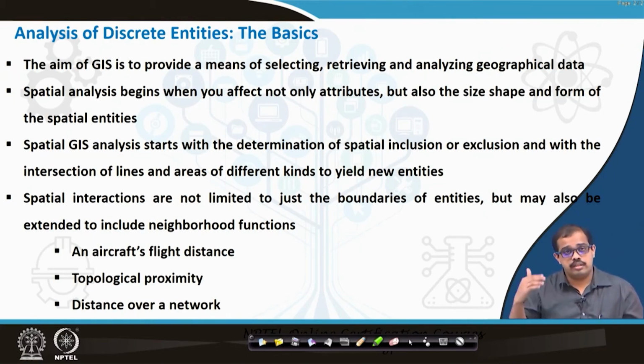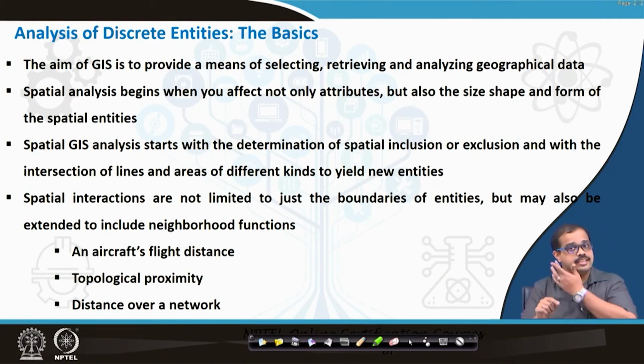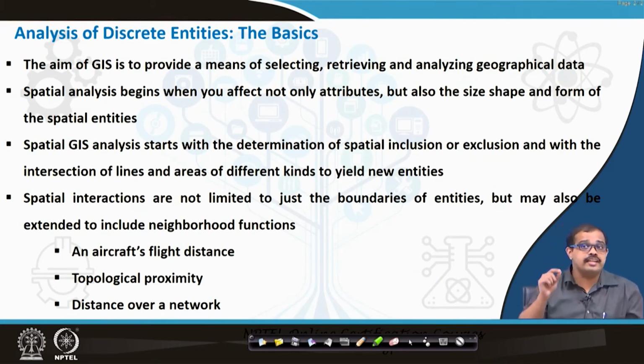Okay. Most of the spatial analysis also affects the size, the shape and the form of the entities. Okay. When I say discrete entities, it is discrete objects, these are entities. Each of the entities will be affected in terms of size, shape or form.